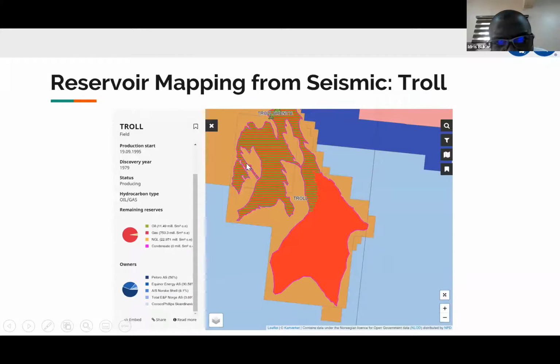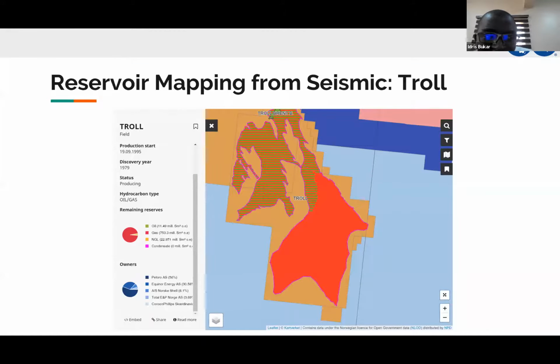If you can see the shading, it has red and green in it, okay? And the legend is all on this area here. So if you went into a 3D seismic data set of this Troll field and you started interpreting, the goal is to be able to map something that looks like this at the end of the day, okay?